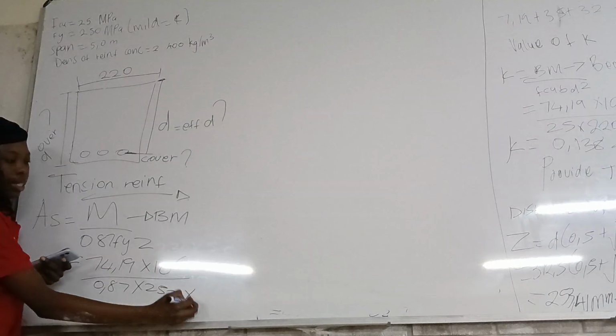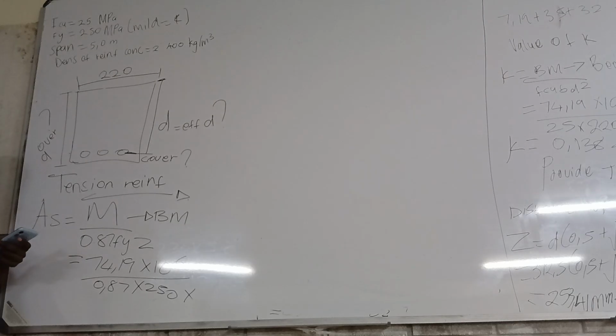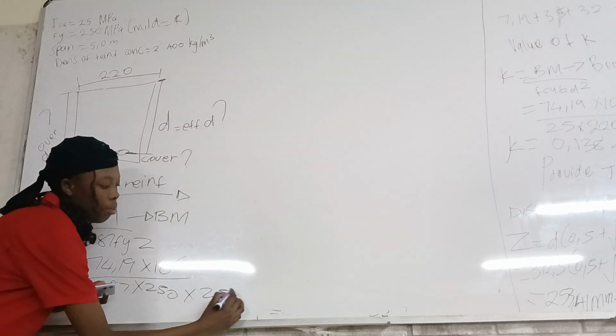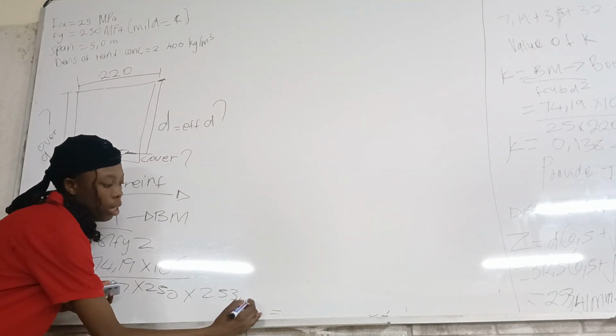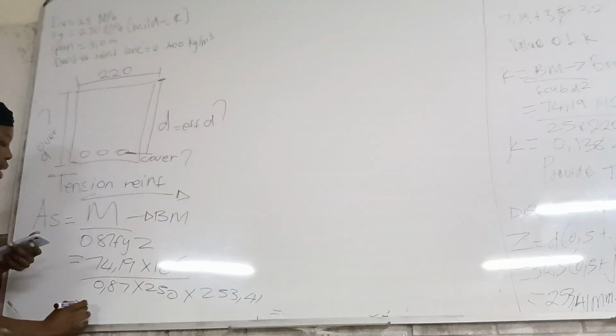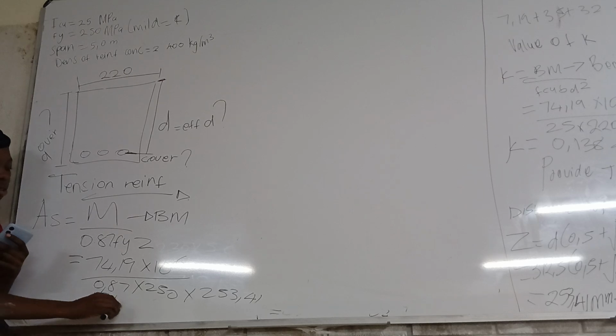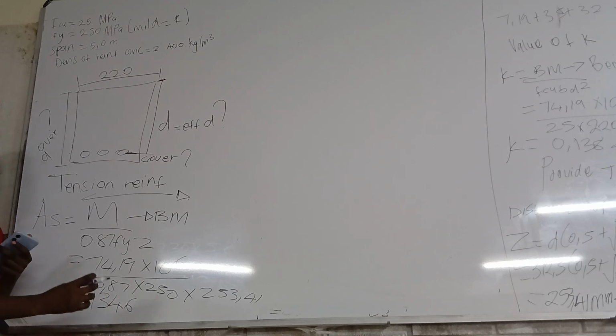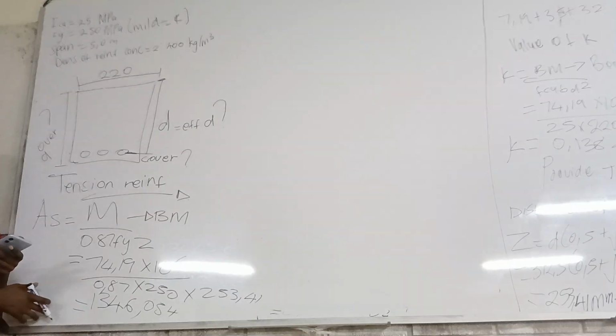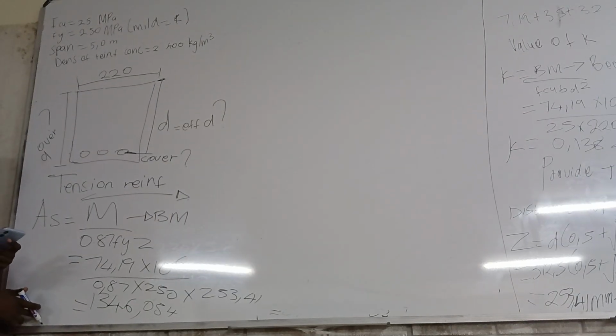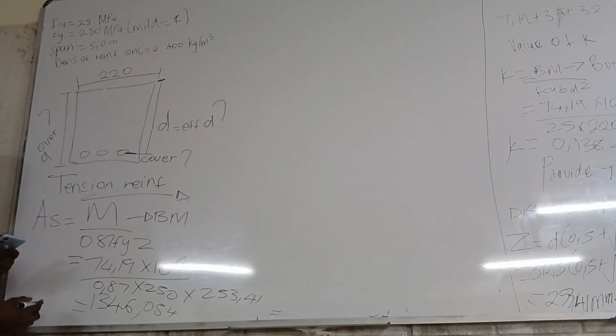And then what is our Z? 253.41. What's the final answer? What is As? 1346.054. Are we all getting this? The unit is millimeter squared.